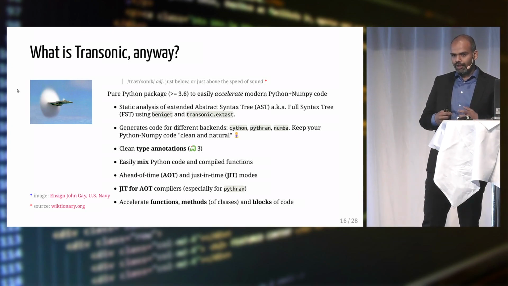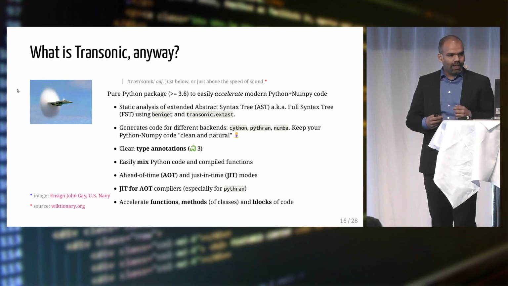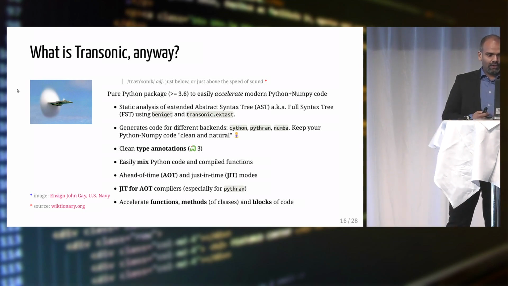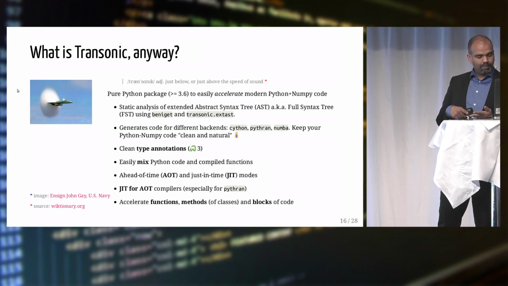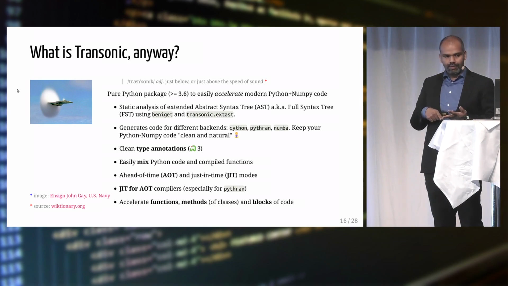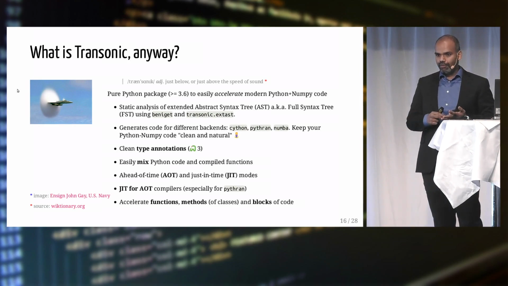It does not import it. It analyzes it. And then using a package called Gast, which Pythran also uses, it generates some code for you. And this code would be compatible with Cython, Pythran, and Numba at varying degrees. Possibly more libraries would follow in the future.